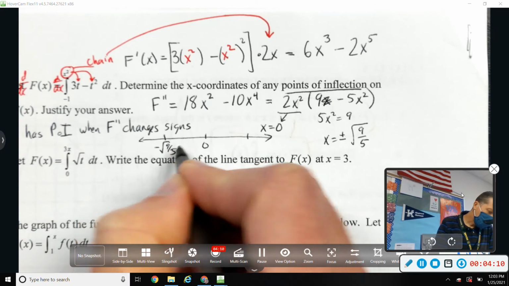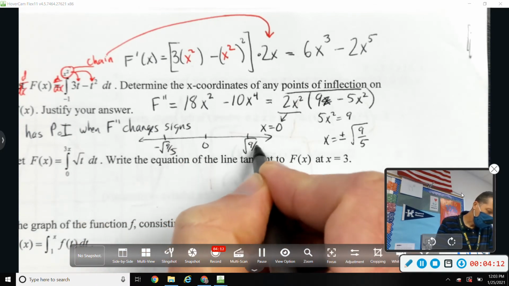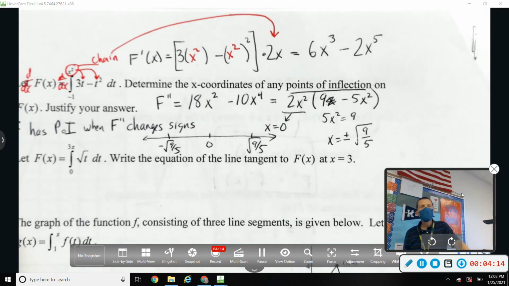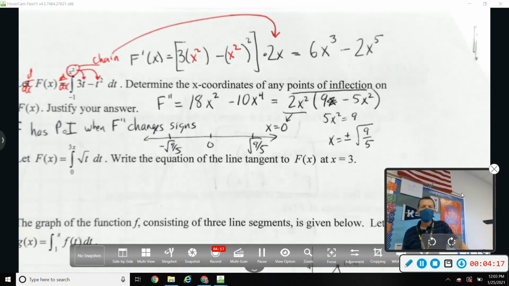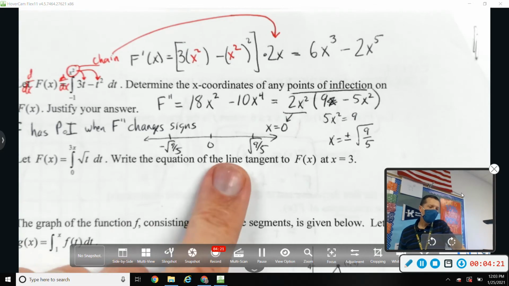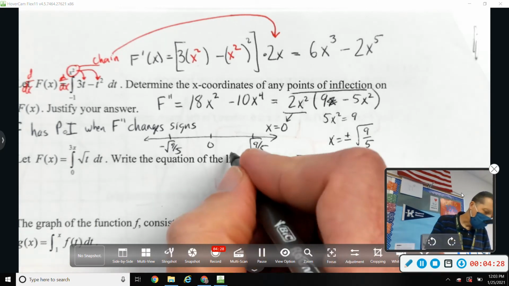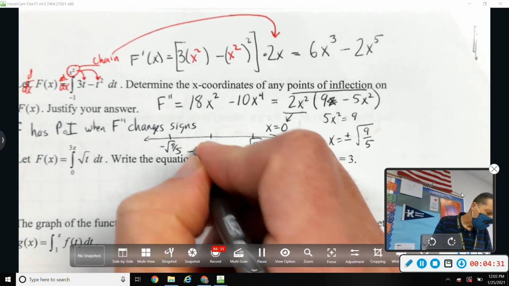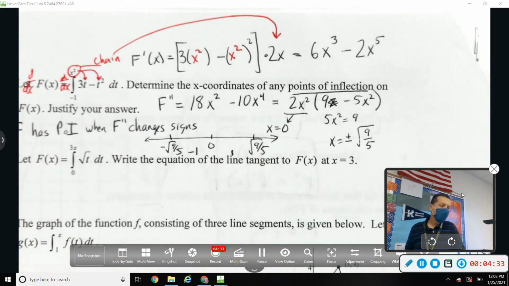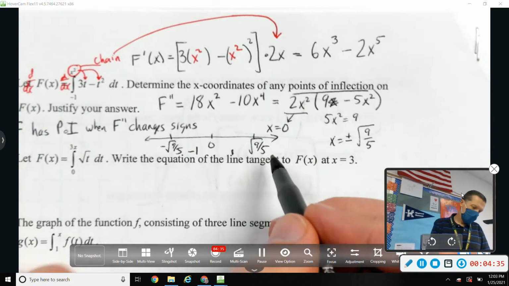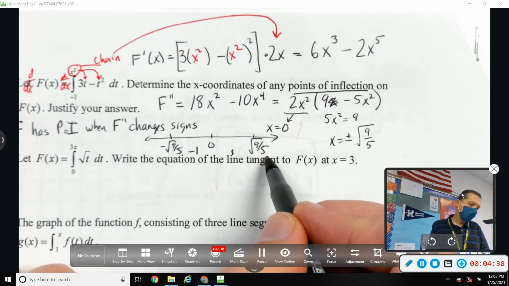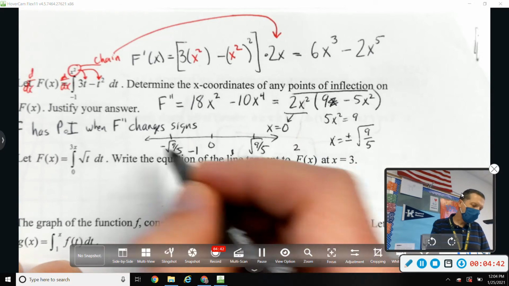Negative root 9/5 and positive root 9/5. Not my favorite numbers to deal with. But I think 1 is less than the square root of 9/5, right? 9/5 is bigger than 1. So for a test value, I can test 1 and negative 1. And then 9/5 is not quite 2. So I think I can test 2 and negative 2.